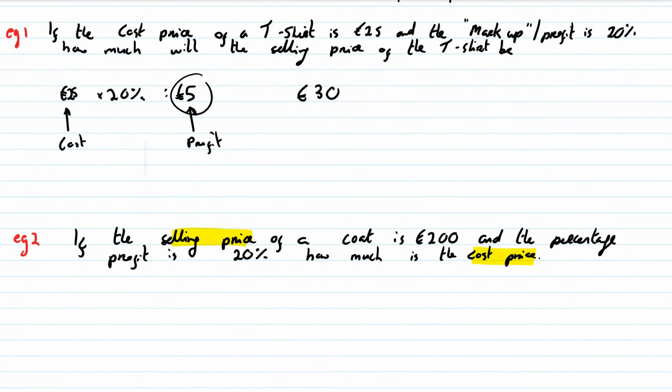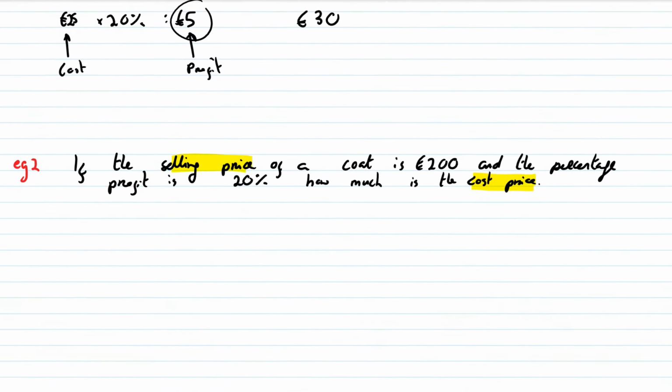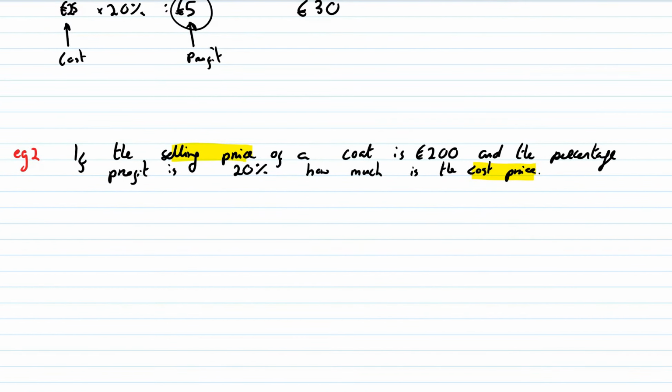So we have 200 euros, that's the selling price. We want to get back to the cost price, so we're going to have to find the profit. The profit is 20%. Remember, the cost is 100%, so this here is going to be 120%.